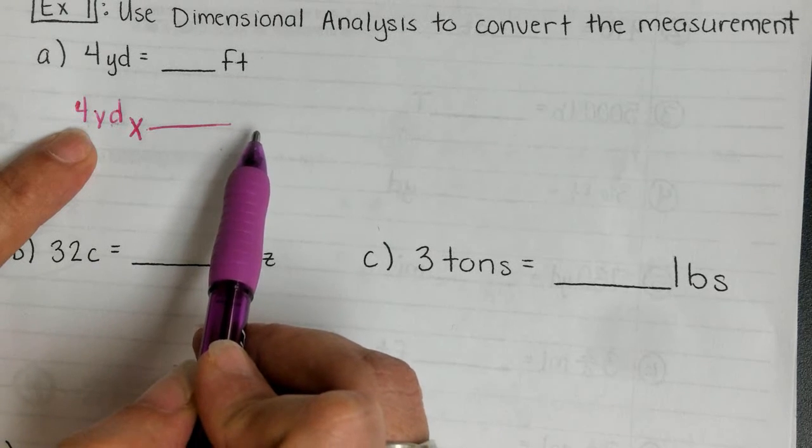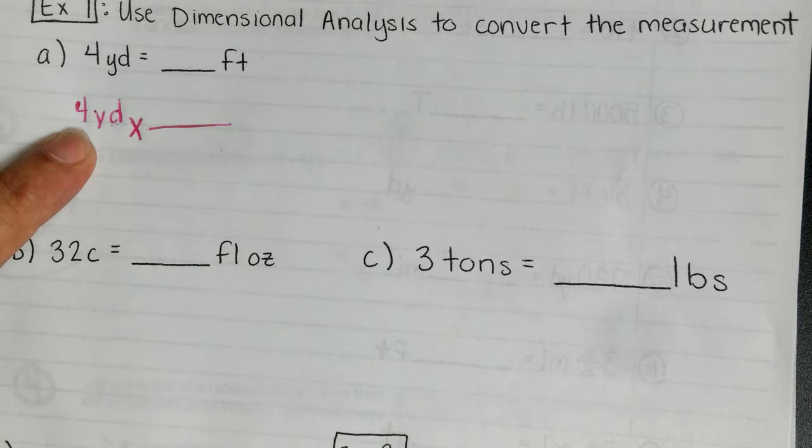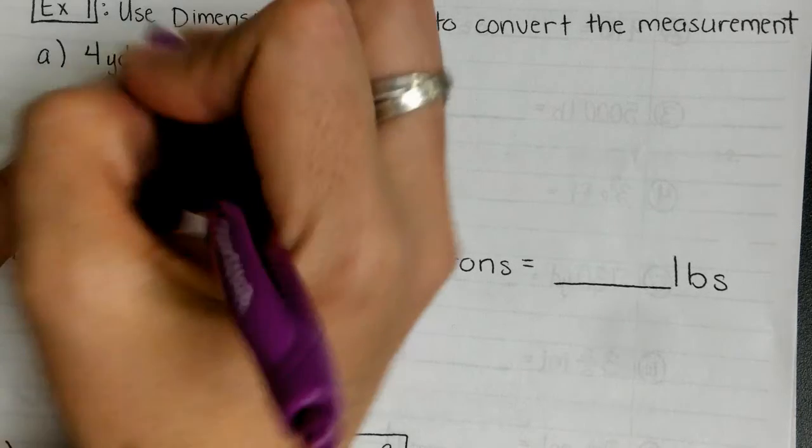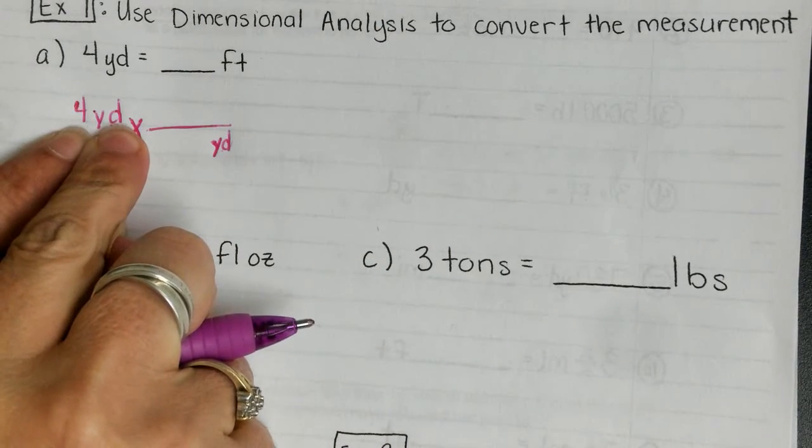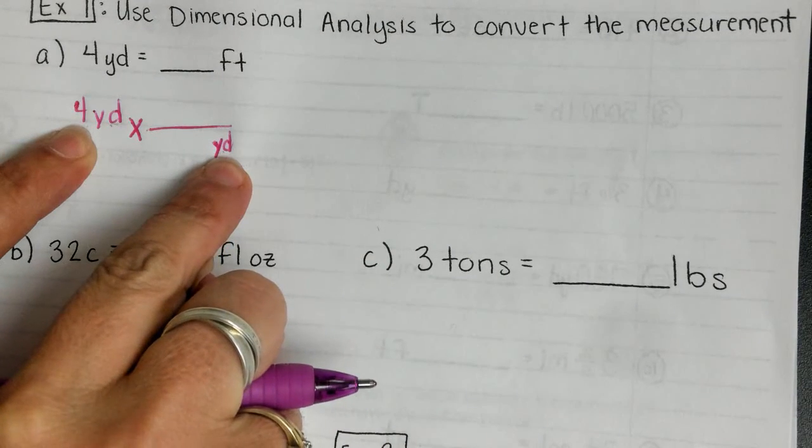Go back to thinking about fractions. If we simplified a fraction, we had a top and a bottom, and we could cross them out. Okay, that's what we're going to be doing here. So since yards is on top here, I need yards on the bottom here.